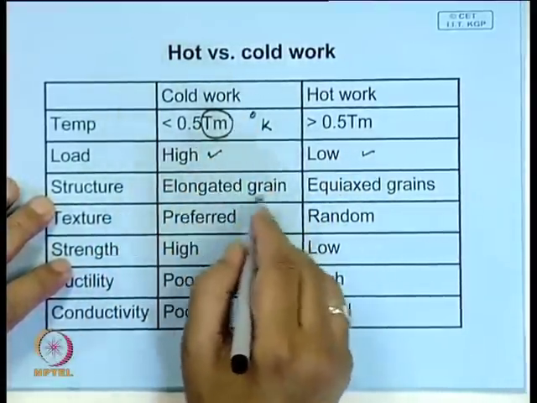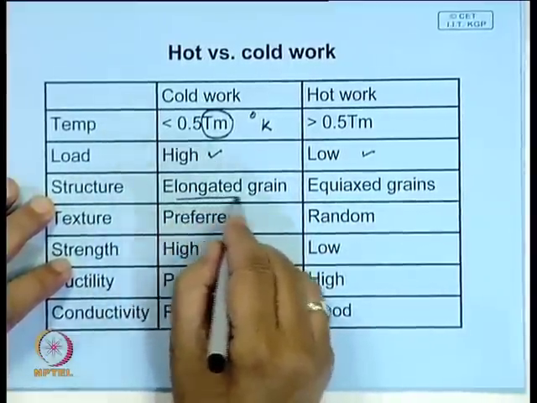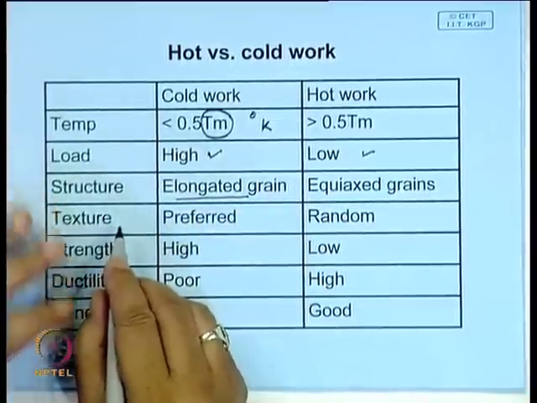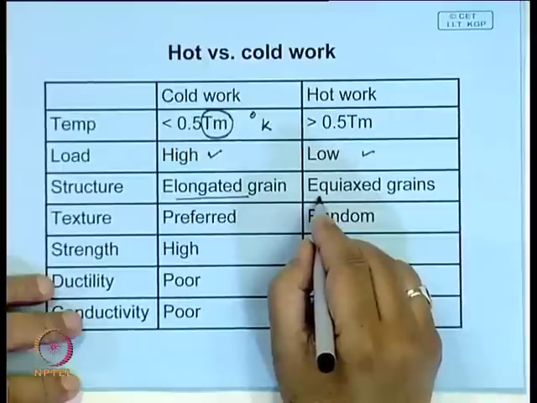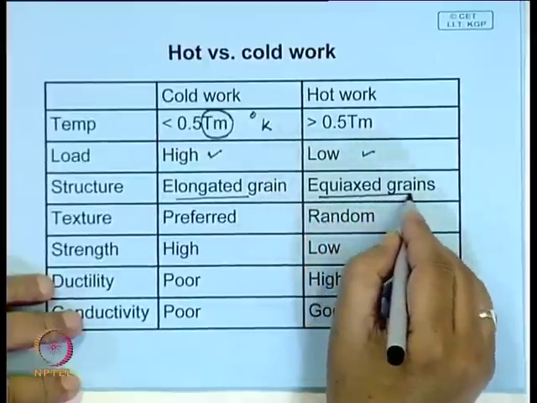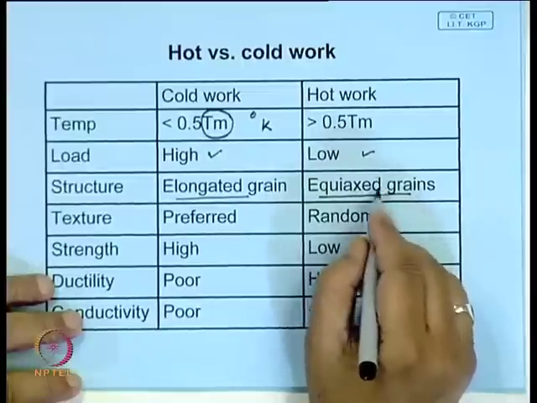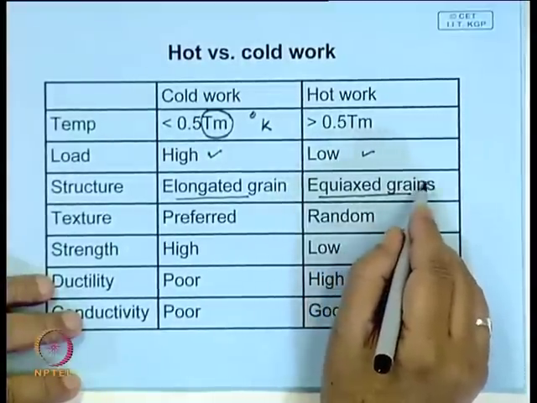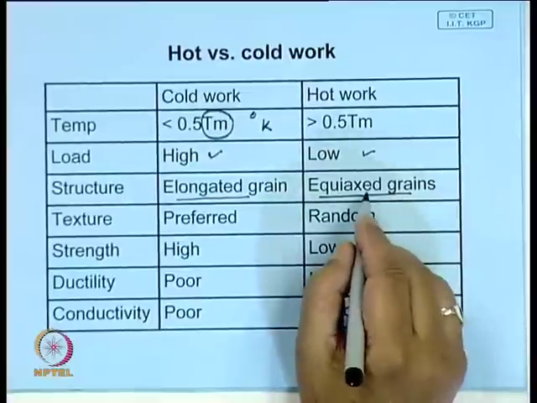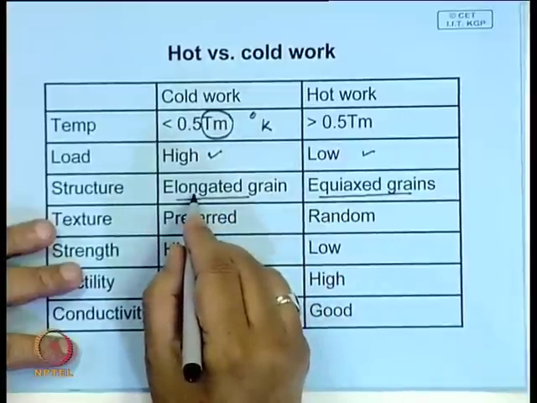In the cold worked material you will find the grains are elongated, which shows signs of deformation, whereas in hot work something happens during the process of working: the material grains deform, but they recrystallize, I mean new grains are also nucleated and they grow, and these grains are equiaxed, whereas here these are elongated.